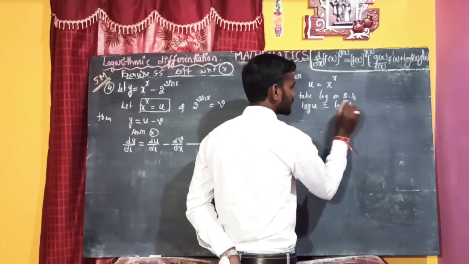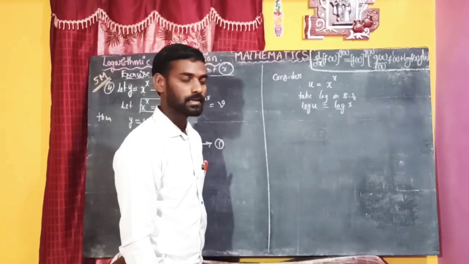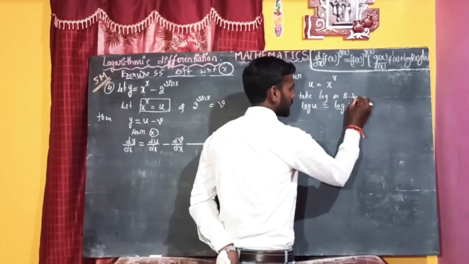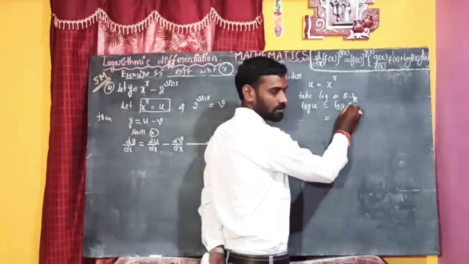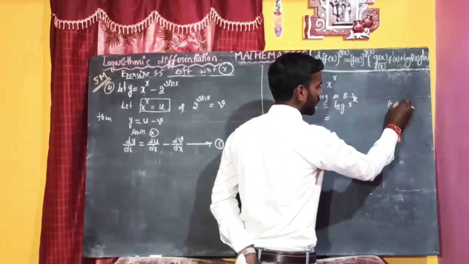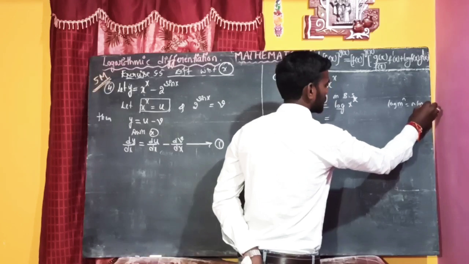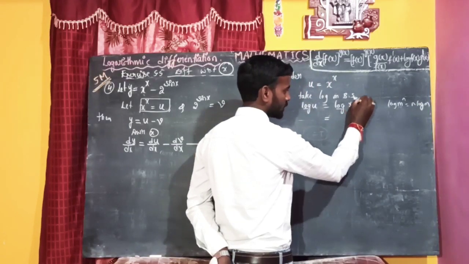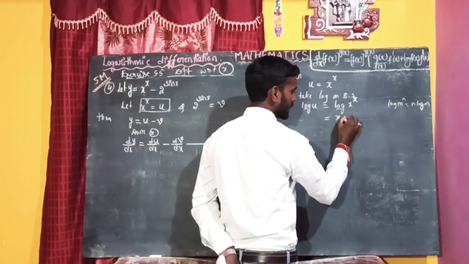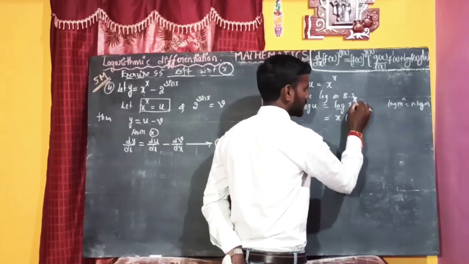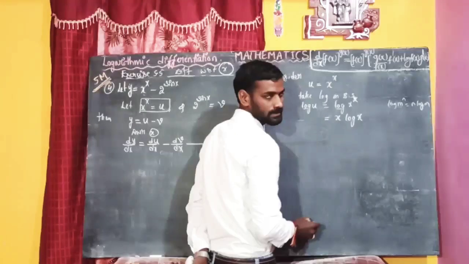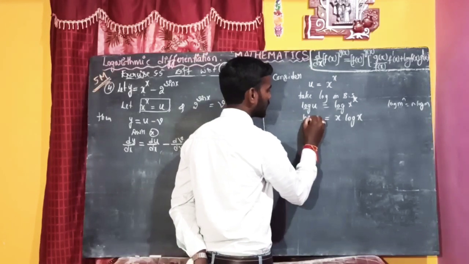Now this is of the form log m power n. Log m power n can be written as n log m. So log x power x means x into log x. That's equal to log u.